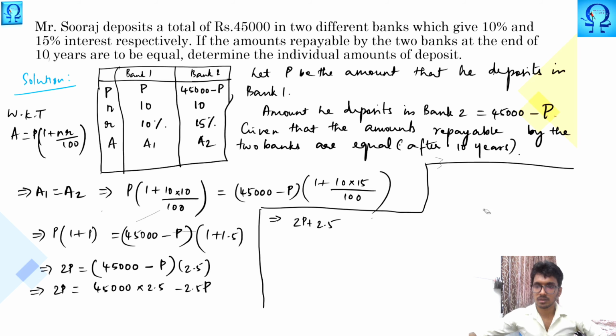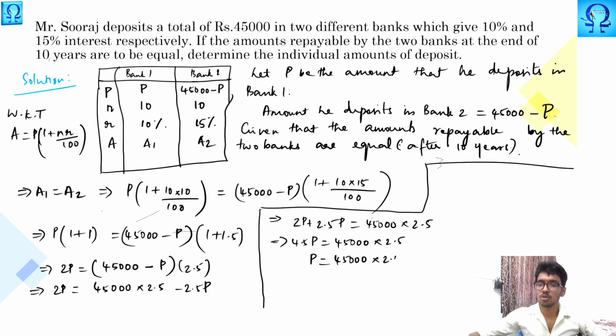So this is going to be 4.5P equals 45,000 times 2.5. So your P value is 45,000 into 2.5 upon 4.5. When you do this, 45,000 divided by 4.5 gives you 10,000. So it is 10,000 into 2.5. This means your P value is 25,000.